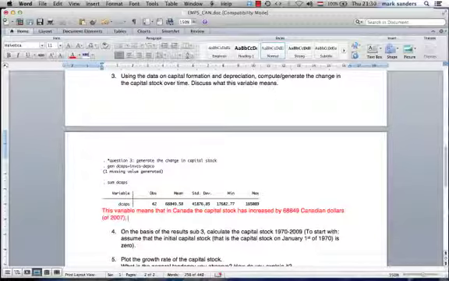On average per year. And the capital stock has grown. That's what it means.